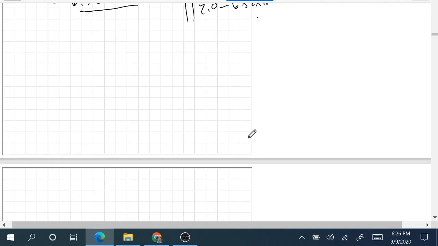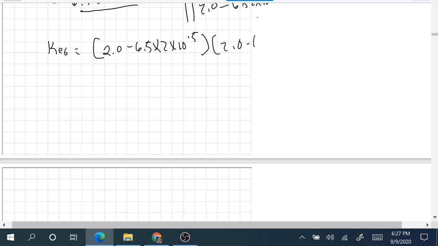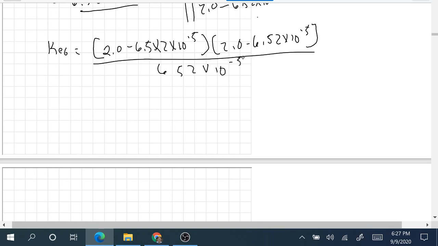Keep it simple. Okay. So let's set up our Keq. Keq is equal to, alright, so for each one of the products we have 2 minus 6.52 times 10 to the minus 5th, okay, and 2 minus 6.52 times 10 to the minus 5th over 6.52 times 10 to the minus 5th.